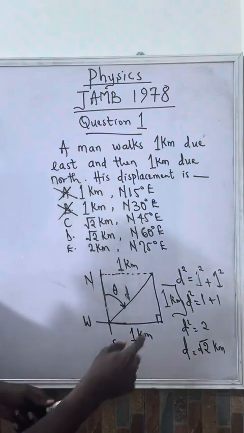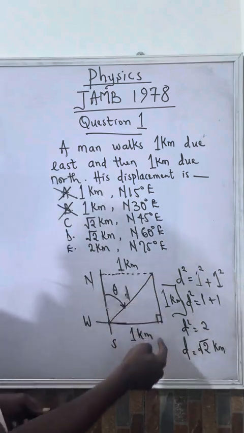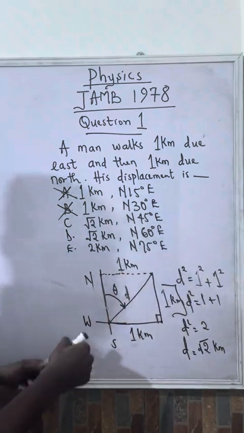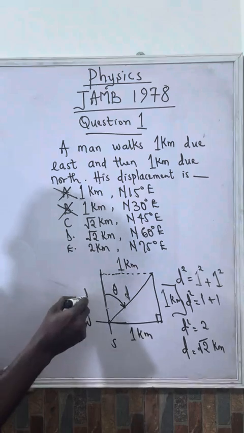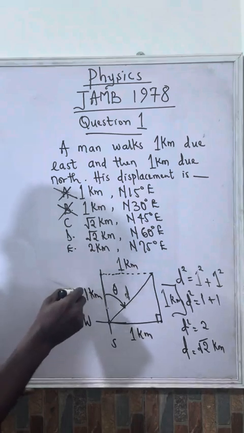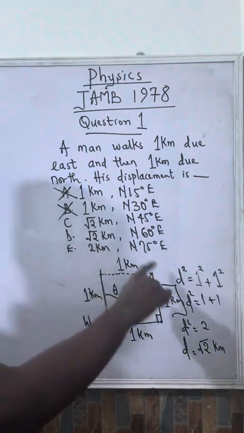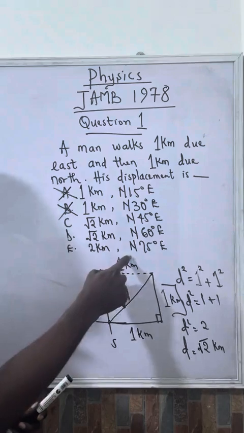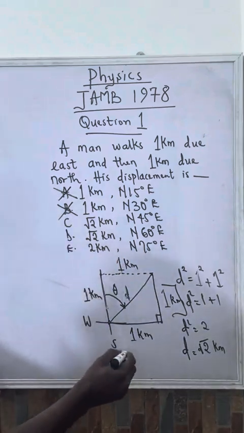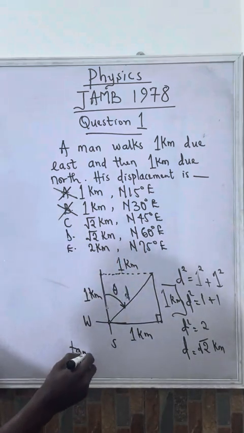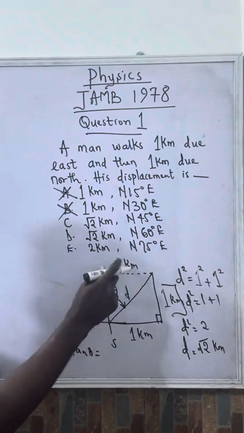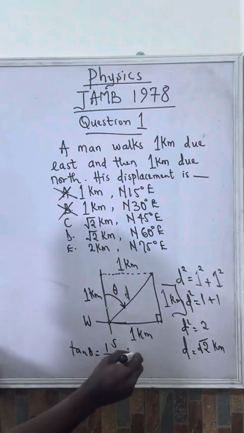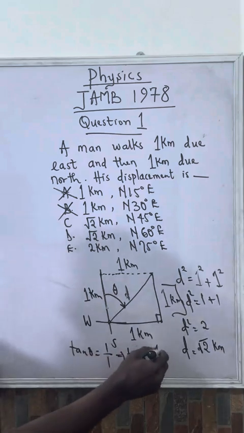Similarly, if here is 1 kilometer, then here too will be 1 kilometer, since it is forming a square. Now I can just take tan theta. Tan theta will be opposite over adjacent. My opposite is 1, over adjacent is also 1. So this gives me tan theta equal to 1.